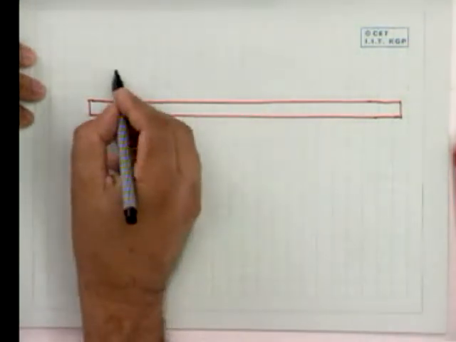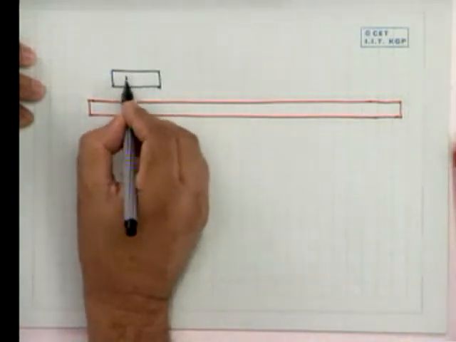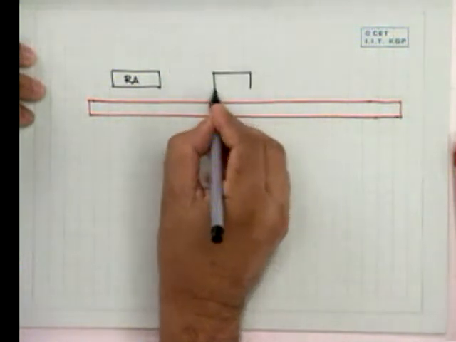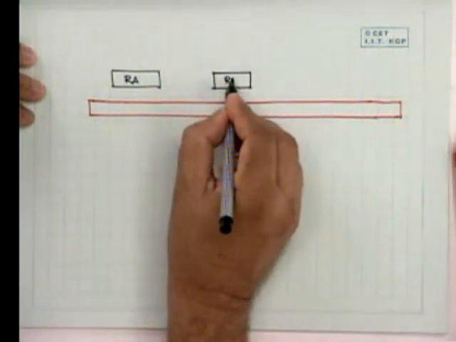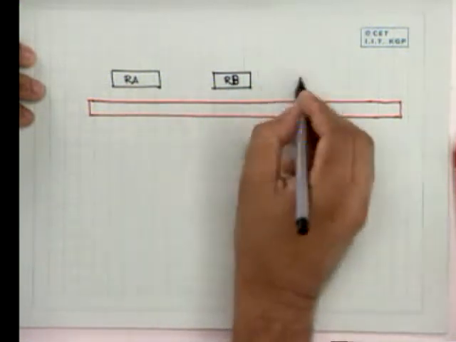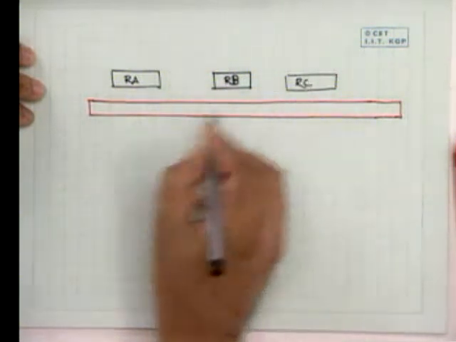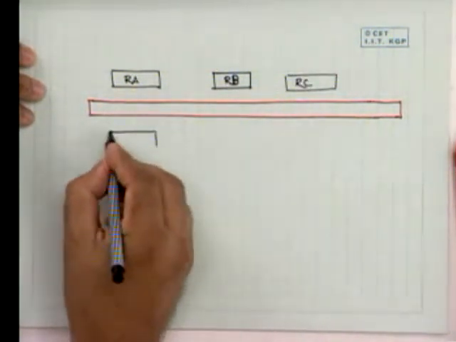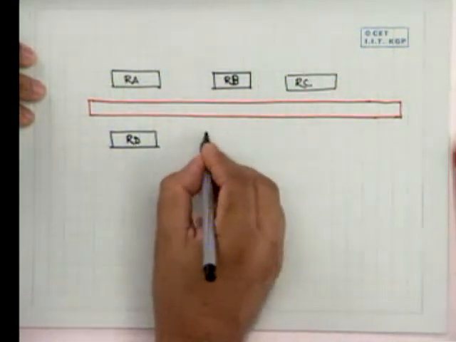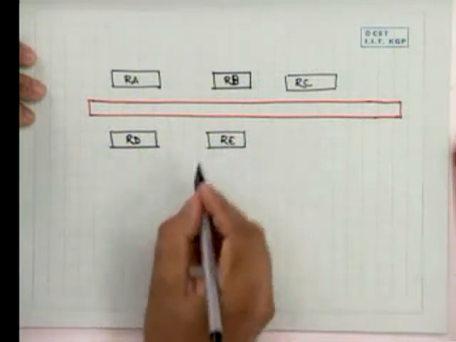And say we have registers, say RA, register RB, say RC, RD, RE, and so on.